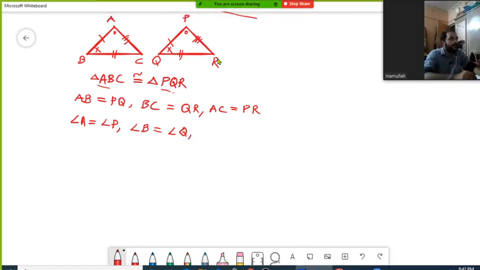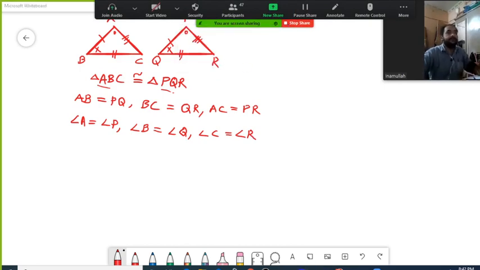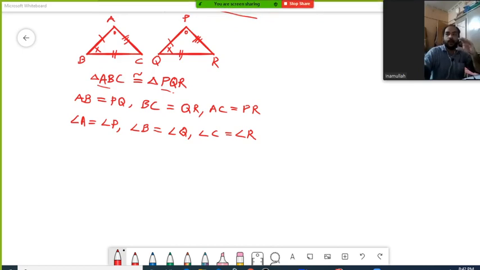And the third pair of corresponding angles is angle C, which is equal to angle R. So if two triangles are congruent, then corresponding angles will also be equal and congruent.